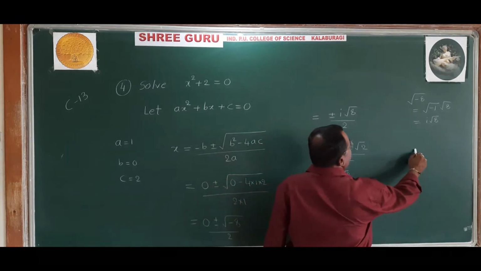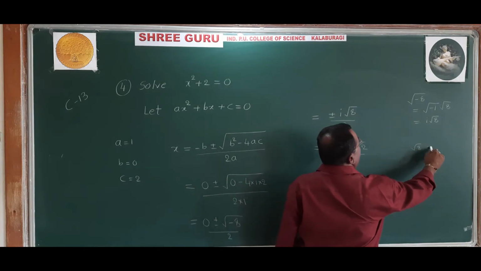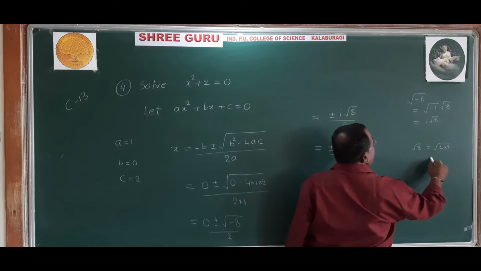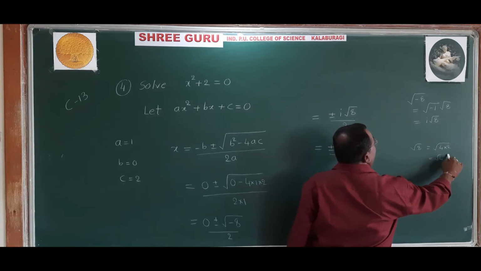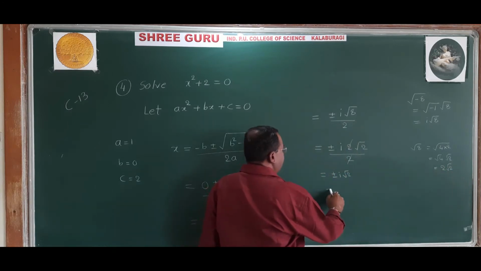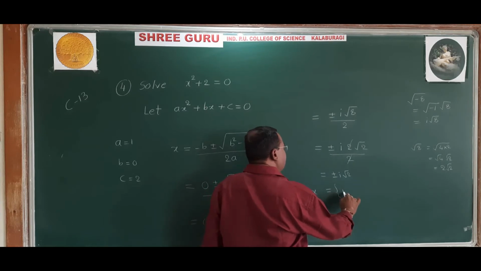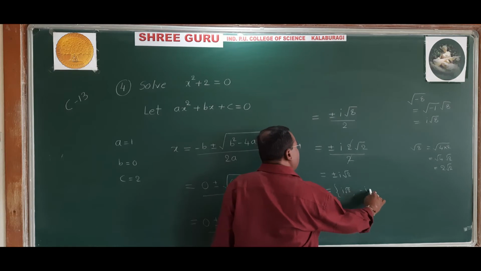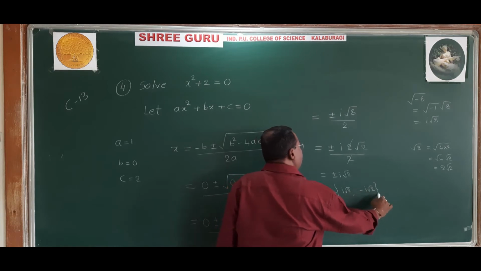Here root 8 can be expressed as root 4 root 2, since 4 2s are 8. Root 4 is 2, so 2 root 2. So the x values are one is plus i root 2, another is minus i root 2. These two values.